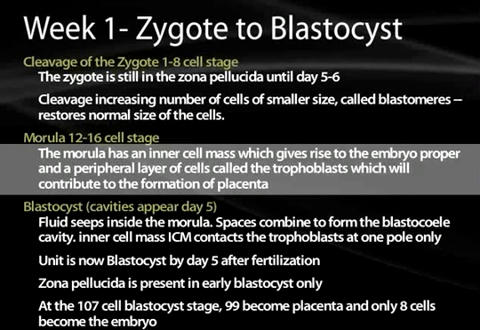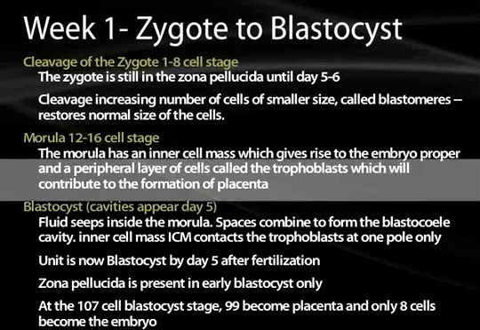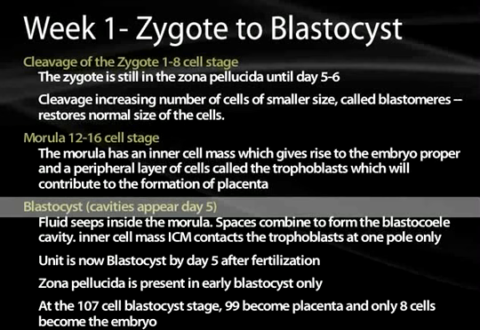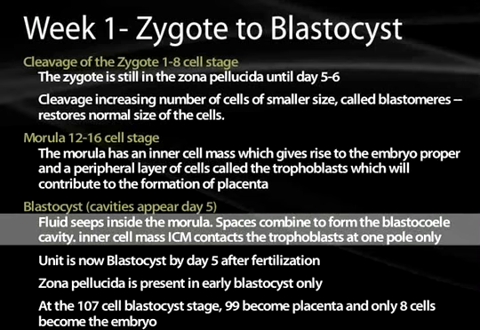As the morula starts to divide more, the blastocyst will be formed, and this is identified by the development of a fluid cavity that will appear around day 5. This is going to be fluid that's seeping inside the morula, and the space is going to become compacted and form the blastocelic cavity.